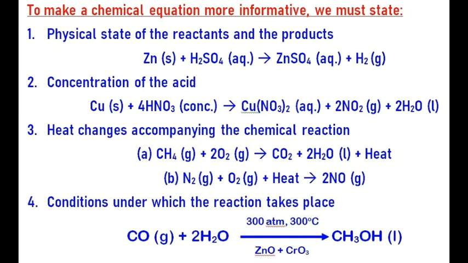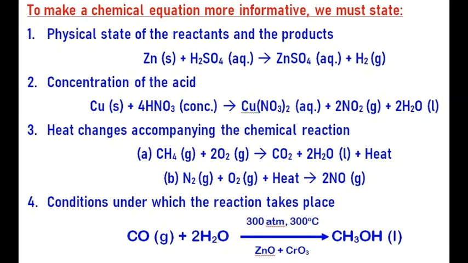Number 4, conditions under which the reaction takes place. Sometimes there are specific conditions. Like you see, this carbon monoxide gas reacts with hydrogen only when there is 300 atm, that is the pressure, atmospheric pressure unit, and also the temperature must be specific, 300 degrees Celsius.